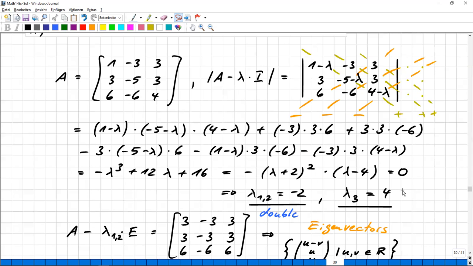That's because we are looking at linear maps by applying matrices to vectors. So it's always the case that if you find an eigenvector, all multiples of this vector are also eigenvectors to the same eigenvalue. So that's just a basic fact behind. Okay.